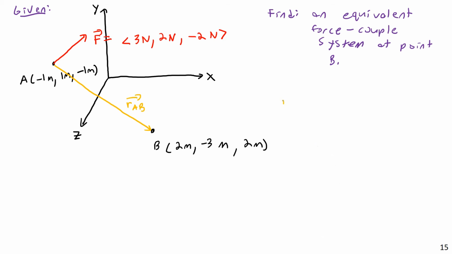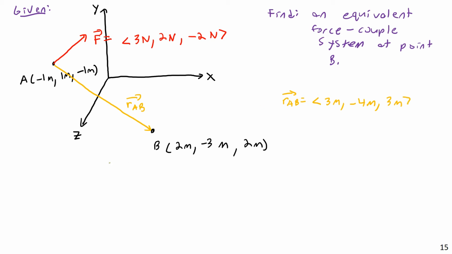And then RAB, let's do this in vector notation, just a little bracket notation. In the x, as we go from negative 1 to 2, that's 3 meters. As we go from 1 to negative 3, that's negative 4 meters. And as we go from negative 1 to 2, that's positive 3 meters.